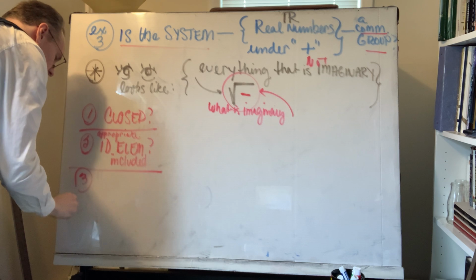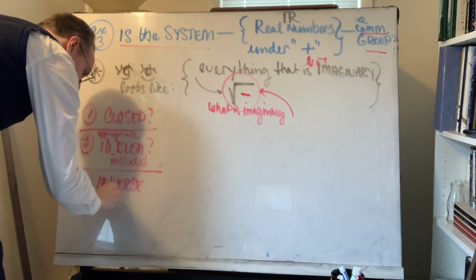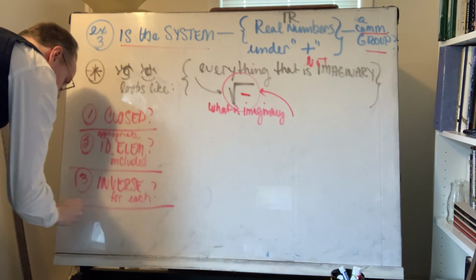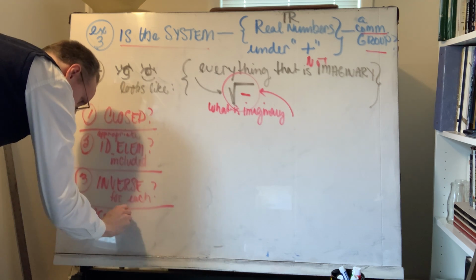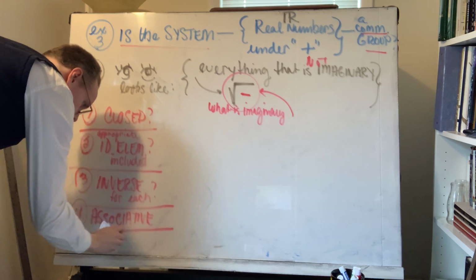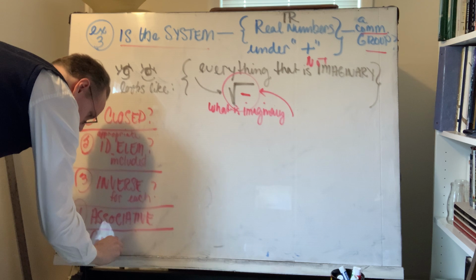Number 3, is there an inverse for each? Number 4, is it associative, totally associative? And then 5, is it in fact commutative as well?